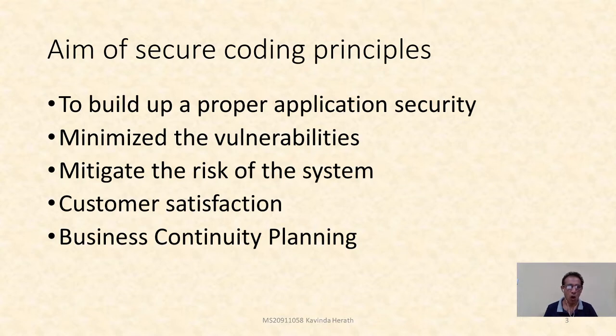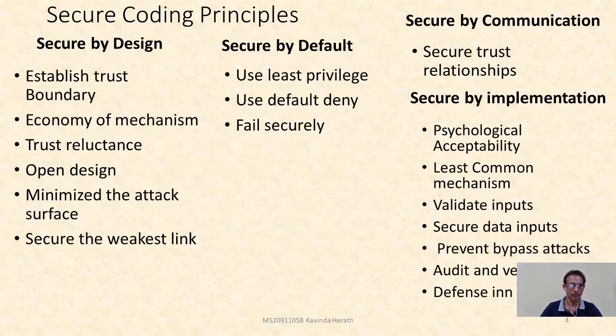Finally we hope to satisfy the customer, so all the principles we apply to the coding systems ultimately become customer satisfaction and business continuity planning. Those are the main objectives of today's secure coding and such principles.